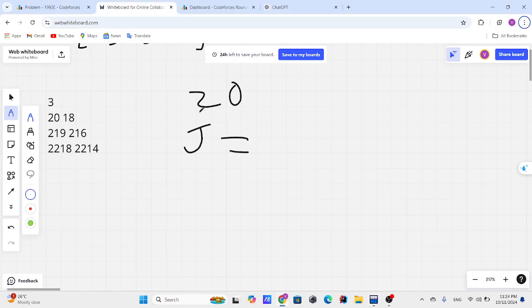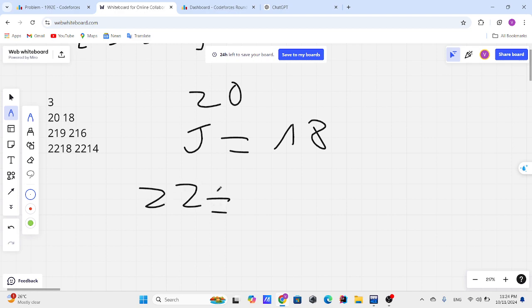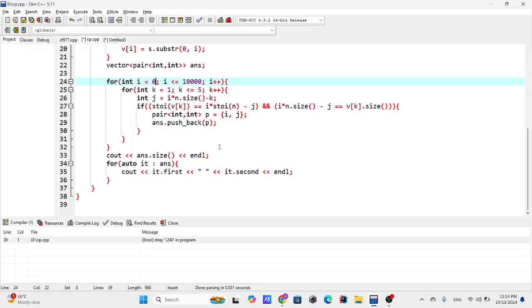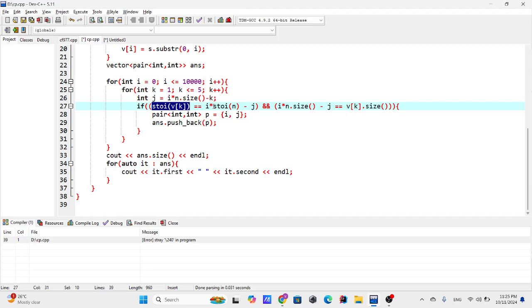20 multiplied by minus 2 is 18, right? 22 is equal to 20 multiplied by, what the fuck, star BK. V2 is 22. Is 22 equal to y? Y is 20 multiplied by size of n.